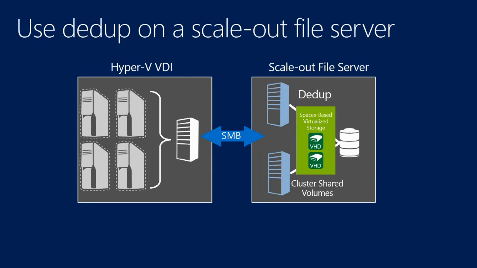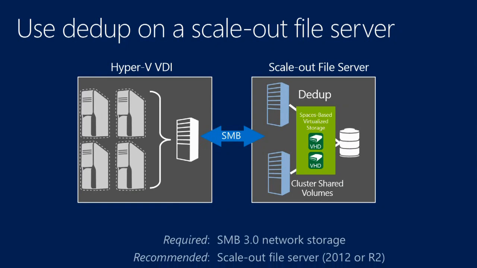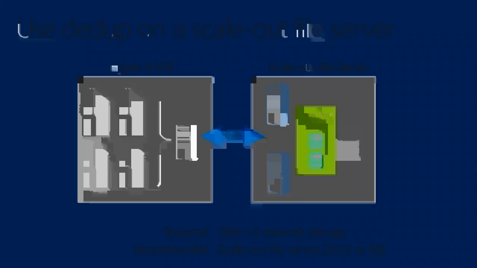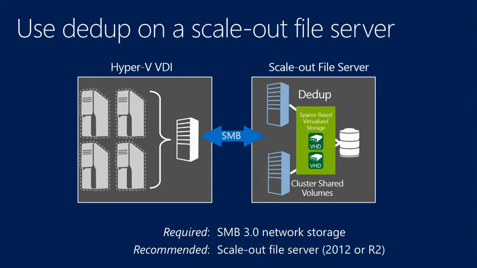So putting deduplication in the host on the Hyper-V side will pull resources away from the VMs, and it will decrease the scalability and density that you can get out of a Hyper-V deployment. So SMB3 required, scale-out file server is recommended.